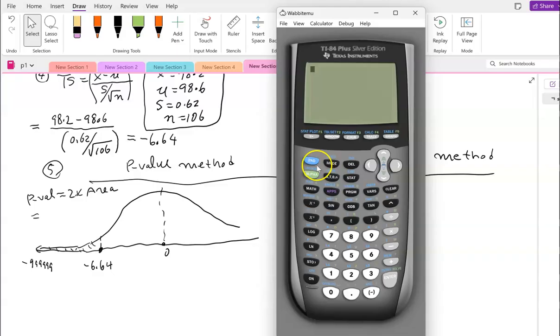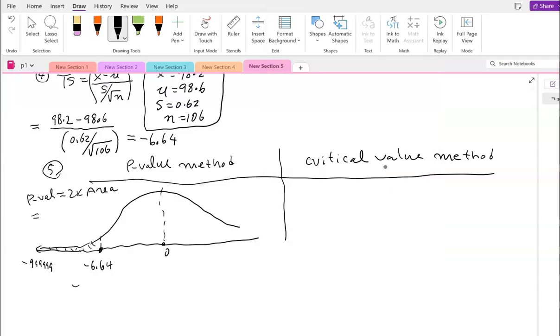So what you need to do is go to second bars, and then this time you go to TCDF. Remember that? TCDF takes lower, upper, and degree of freedom.